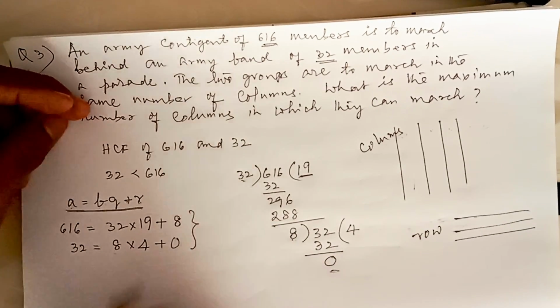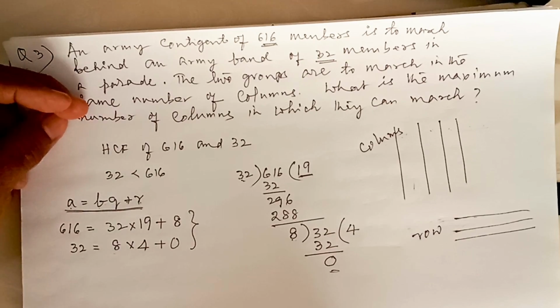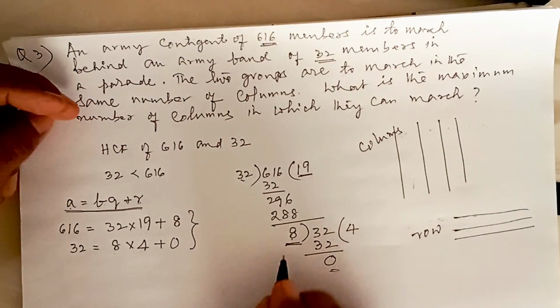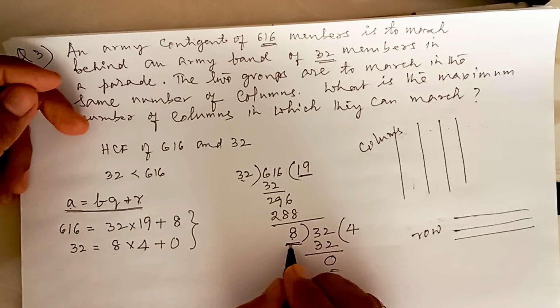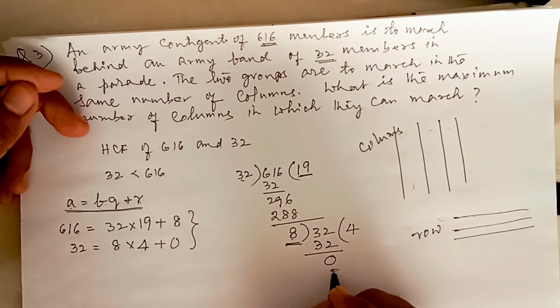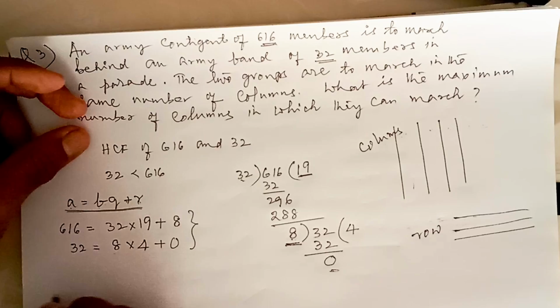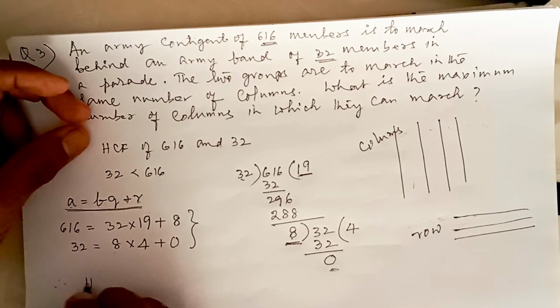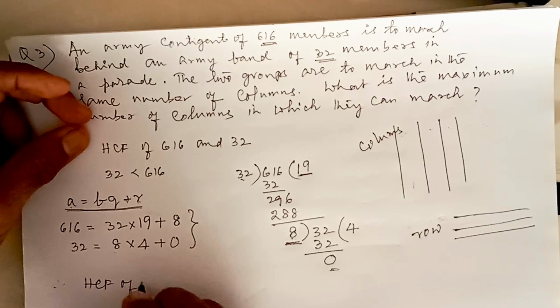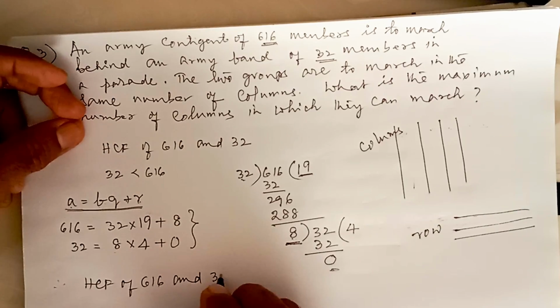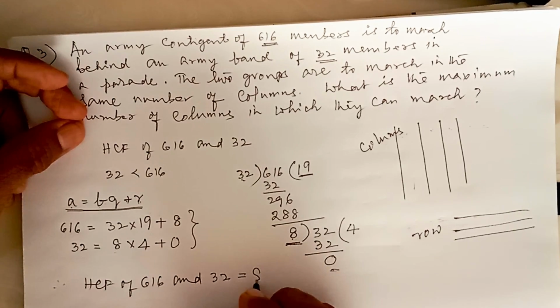These are the steps we have to write down to show the correct answer. And the HCF is, as I said, whichever is the divisor in the last step where you get 0 as a remainder, that divisor is the HCF of those two numbers. Therefore, HCF of 616 and 32 is equal to 8.